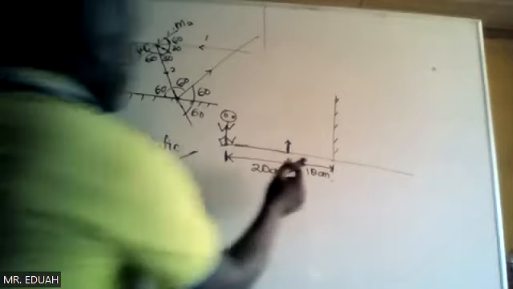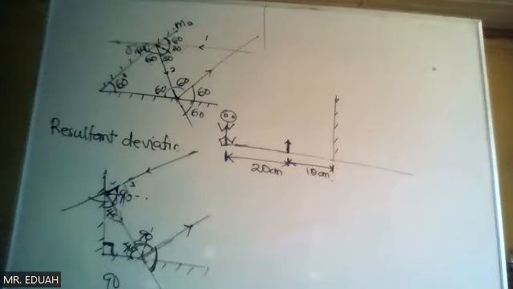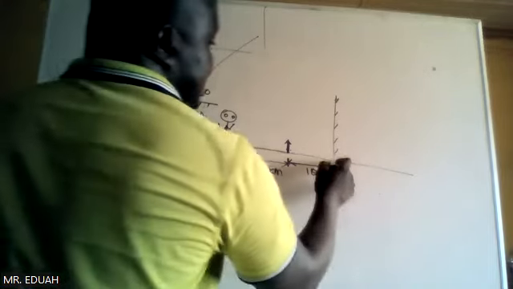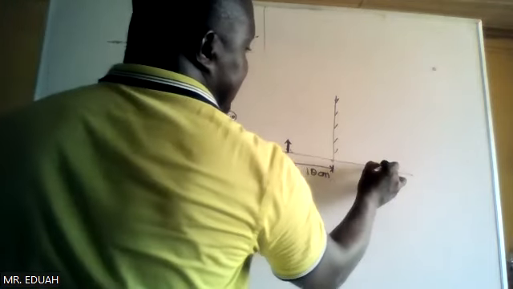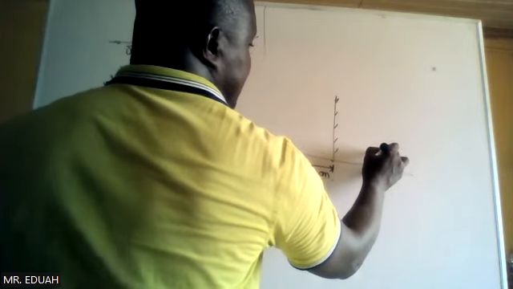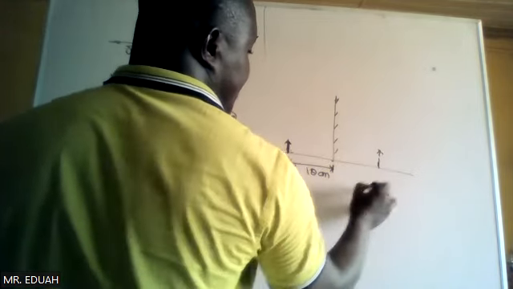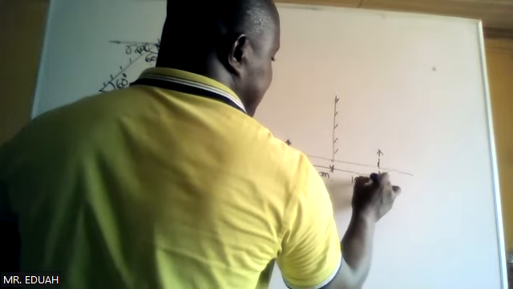So you are looking at the image of this object. Now, in plane mirrors, object distance equals image distance. So if this is 10, the image would also be 10 centimeters away from the mirror. So this will also be 10 centimeters.